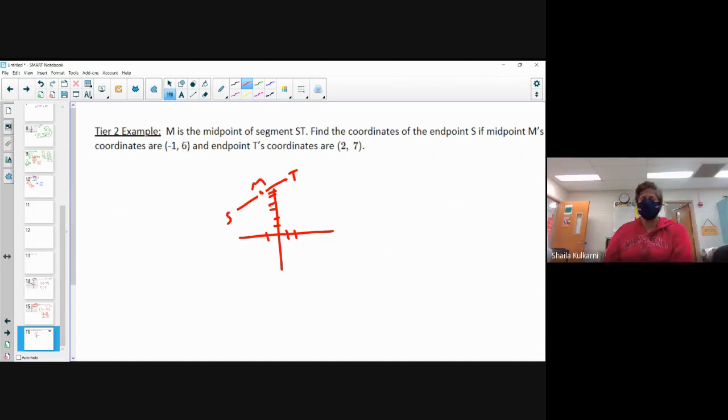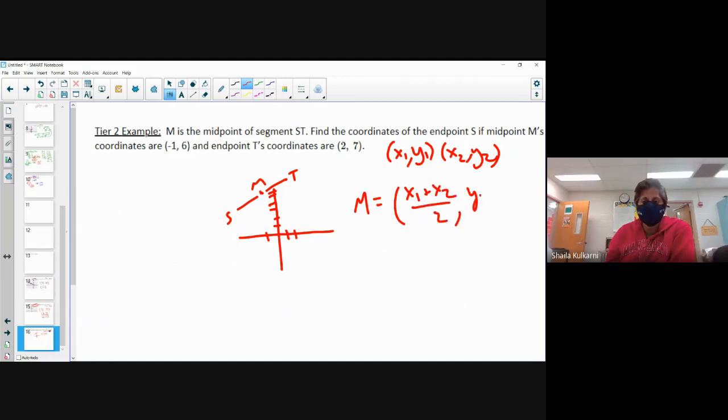Oh my goodness. Well, I don't really have a lot to sketch here. Well, do you remember what the midpoint formula was? You had 2 points. You had an x1 and a y1, and you had an x2 and a y2. And the midpoint is x1 plus x2 divided by 2, and y1 plus y2 divided by 2.